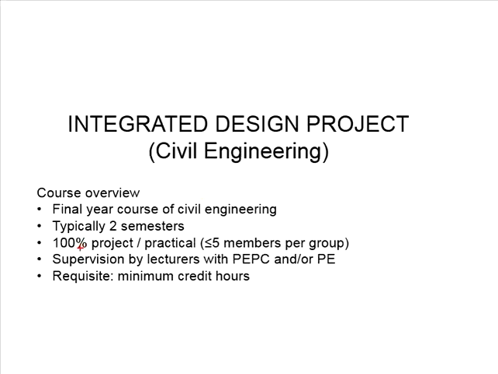This course will be entirely projects or practical design, and it is normally carried out in groups, maximum 5 members in a group. Basically, there will be supervisions by lecturers with professional status, such as professional engineers with practicing certificate.